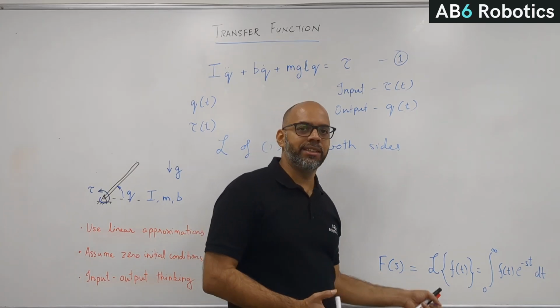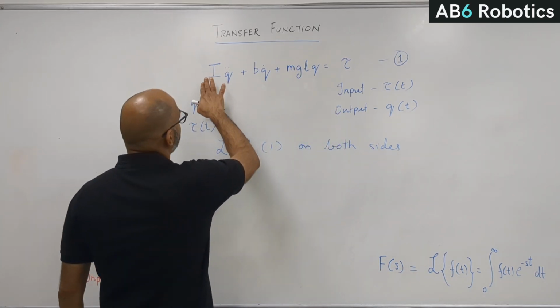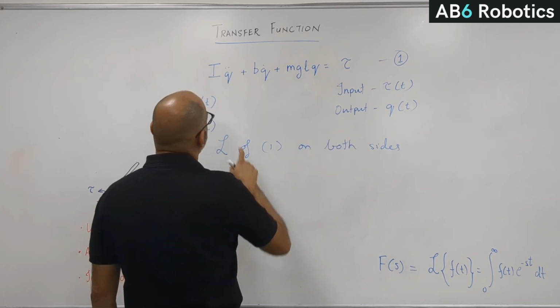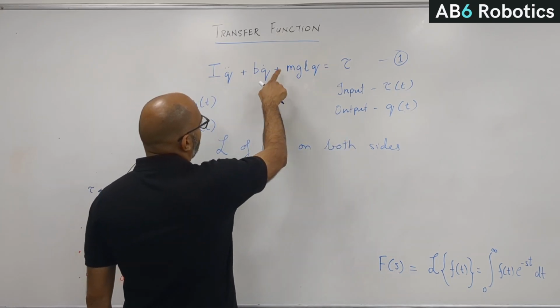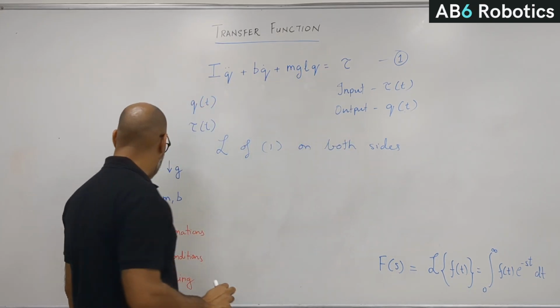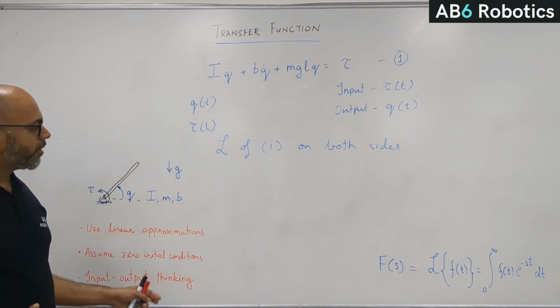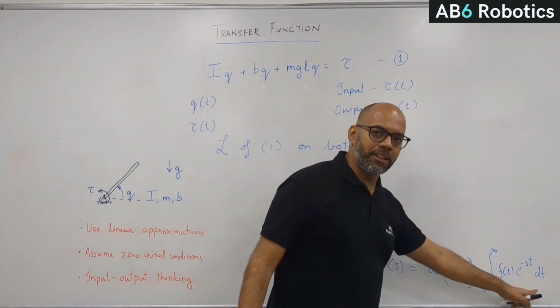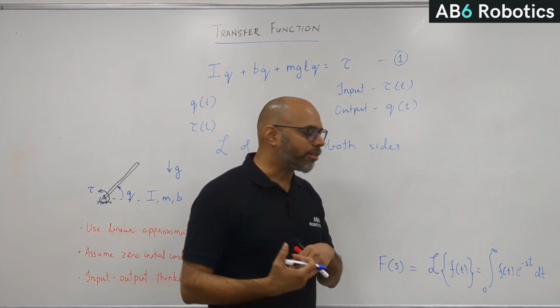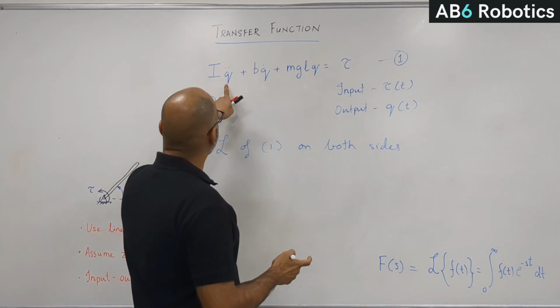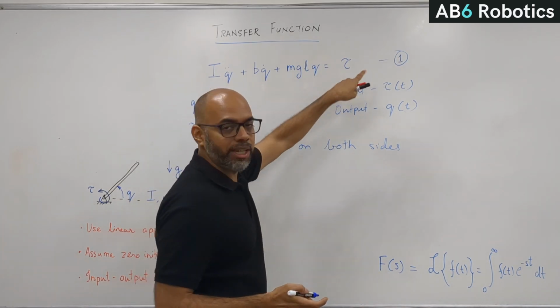As I said, it's the same thing but a different representation. I, B, M, G, L are all constants, so they are not affected by the integral or the Laplace transform. They all come out. So really, we are only taking the Laplace transform of these variables.